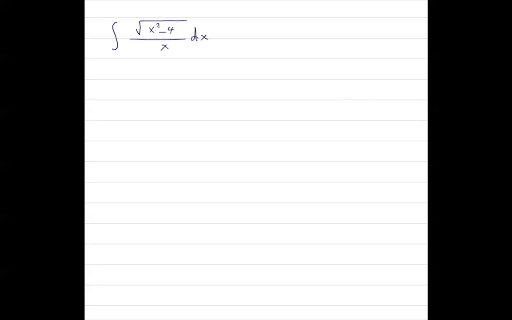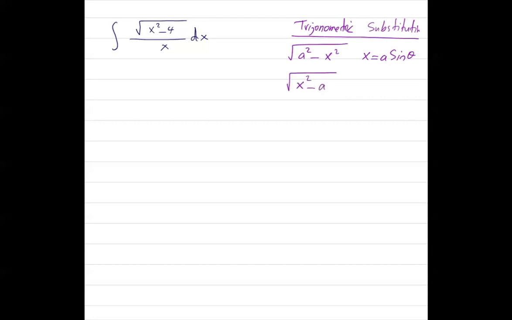So let's see, we have the choice of using sine, but for trigonometric substitution, as long as you have the square root of a squared minus x squared, use x equals a sine theta. And when you see the square root of x squared minus a squared, use x equals a secant theta.